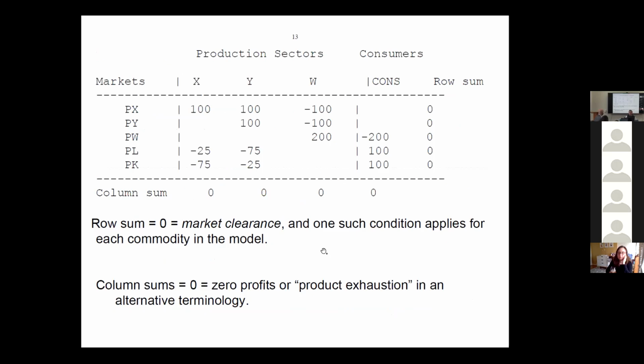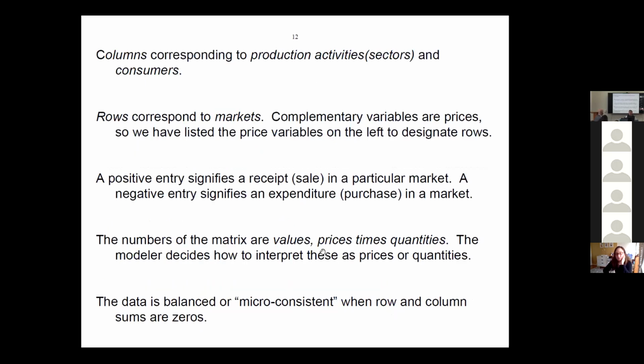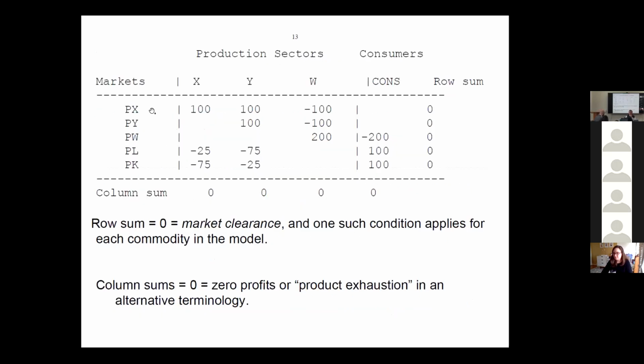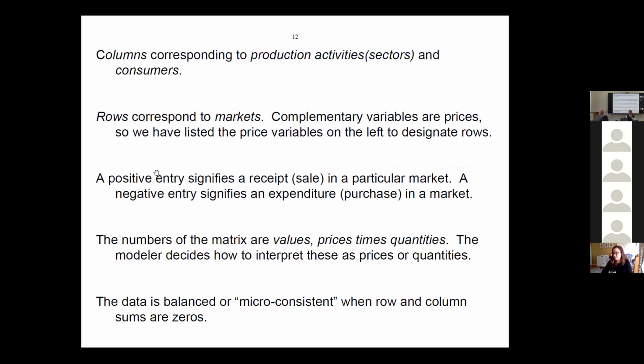The columns are X, Y, W, and consumer. The rows correspond to markets. The complementary variables to markets are prices, so I'll put the price variables on the left-hand side. A positive entry signifies a receipt or a sale in a particular market. A negative entry signifies an expenditure or purchase in that market.